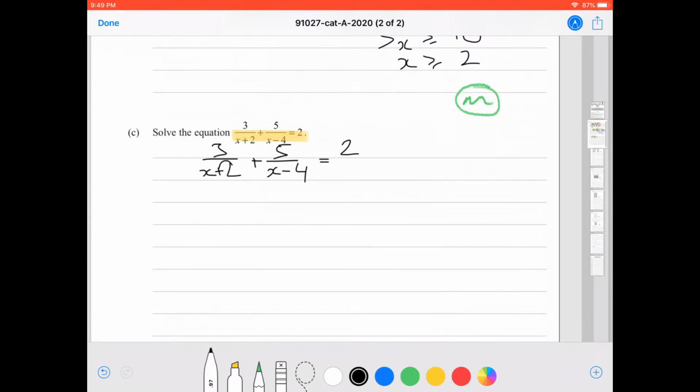Okay, there's probably a couple ways you can do this. What I'm going to do is cross multiply, alright? So I'm going to multiply diagonally, and I'm also going to be multiplying the denominators.